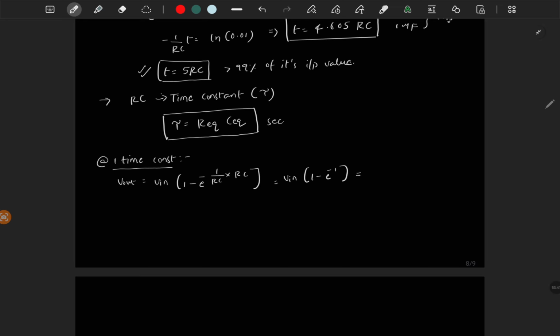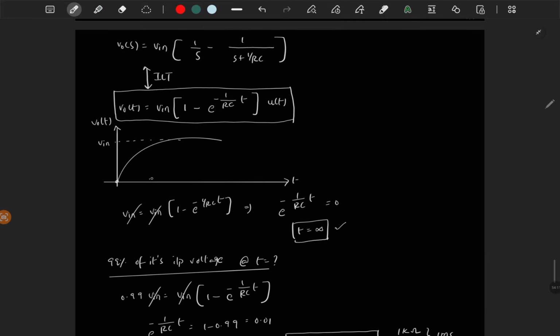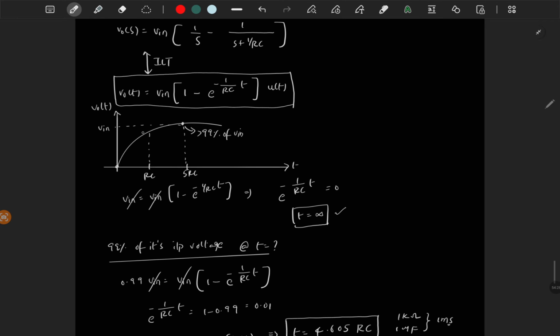Let's check e power minus 1 once. So this is approximately 63.2%, I mean 0.632 V. It means if you wait for 5 RC, this value is greater than 99% of V, and if you wait for 1 RC, then it is 63.2%.